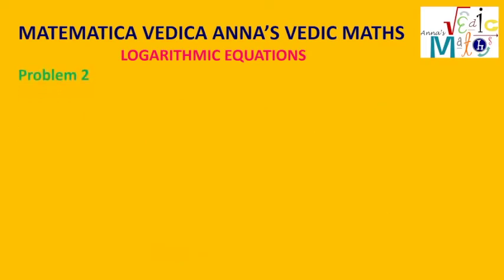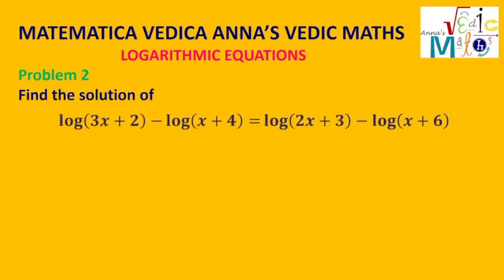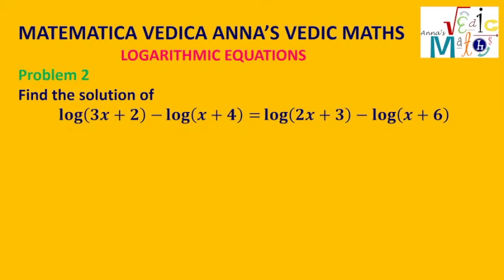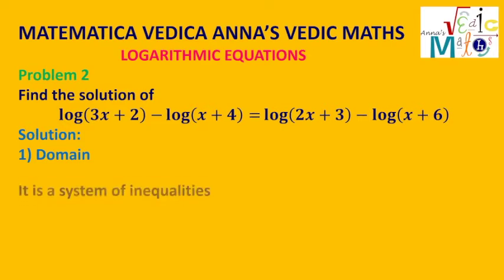Here is another example. We have to find the solution of this equation: log(3x+2) minus log(x+4) equal log(2x+3) minus log(x+6). First step, each argument of a logarithm has to be positive in order to find the domain.